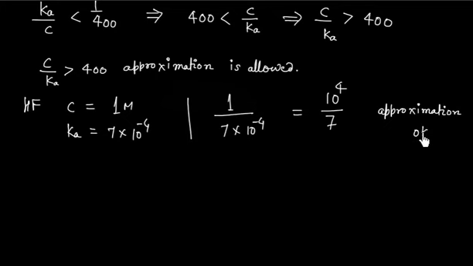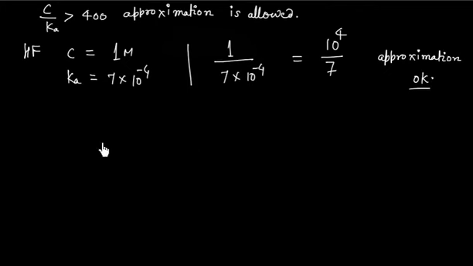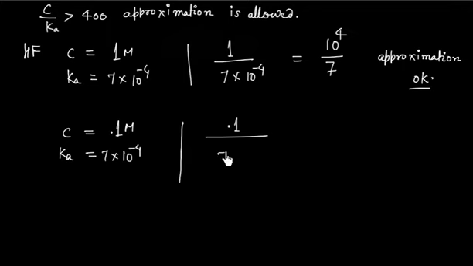Okay. Now let us say I have C as 0.1 M and the Ka value is the same, 7 into 10 to the power minus 4, and check whether approximation is allowed or not. So I have 0.1 divided by 7 into 10 to the power minus 4. This is 10 to the power 3 divided by 7.